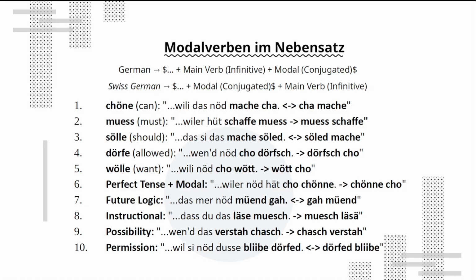So I'm not sure if there is even a different rule for that. And then we have the permission. Weil sie nicht draussen bleiben dürfen. Weil sie nicht dürfen draussen bleiben. Again, works both ways, and I heard both. So yeah, not really a difference there.